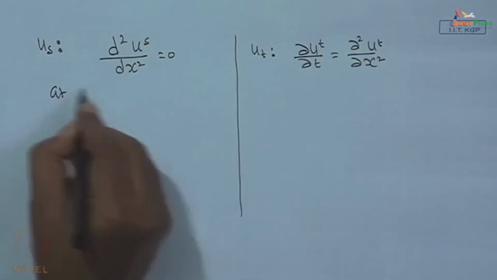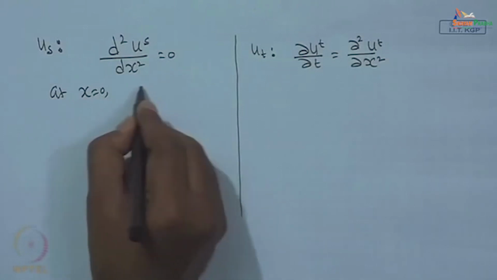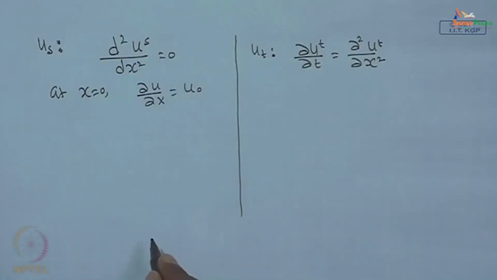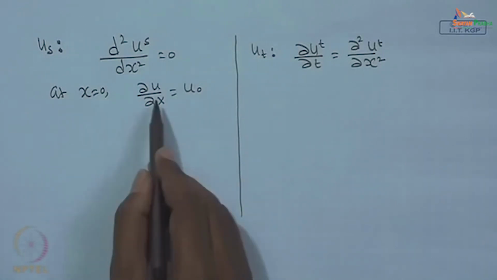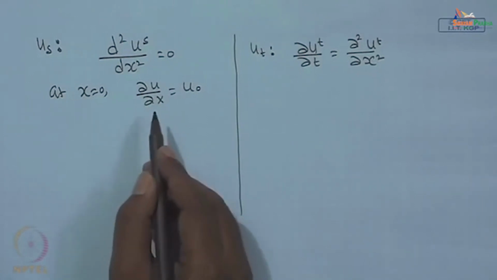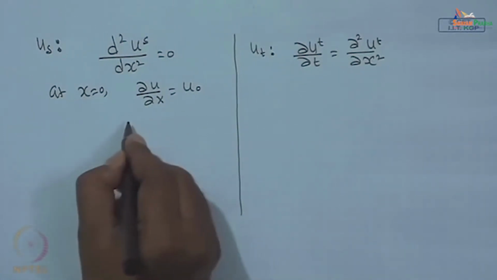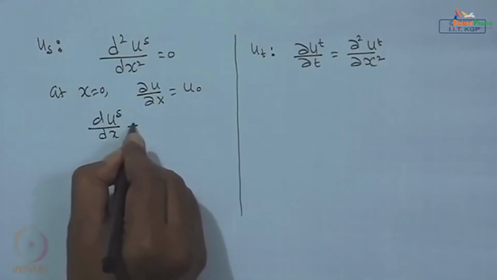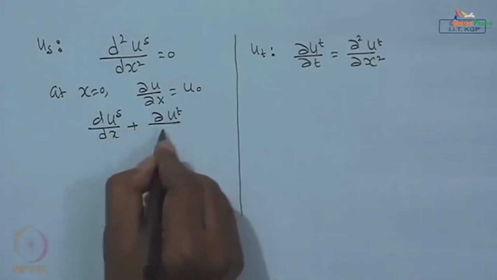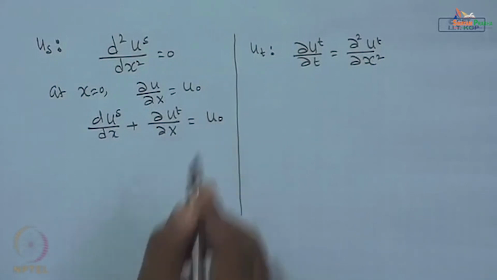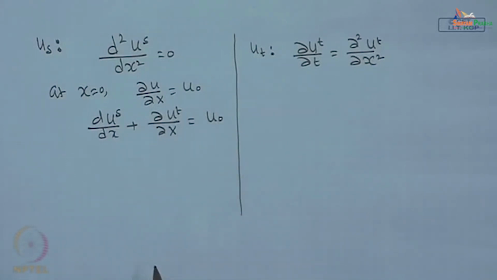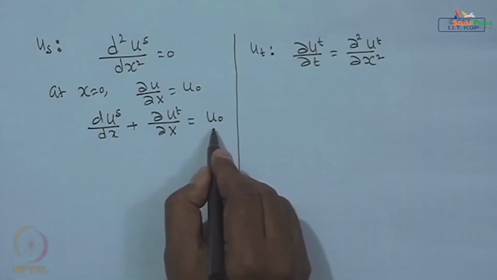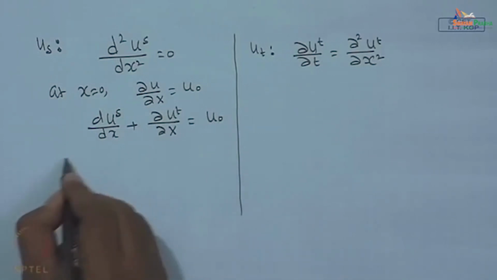Okay. Now, we get the boundary conditions on x. At x is equal to 0, you have del u del x is equal to u naught, that was the boundary condition of the mother problem. Then we substitute u is equal to u s plus u t. What you will be getting is d u s dx plus del u t del x is equal to u 0. So, we do a judicious selection of association of u naught to the steady state part.